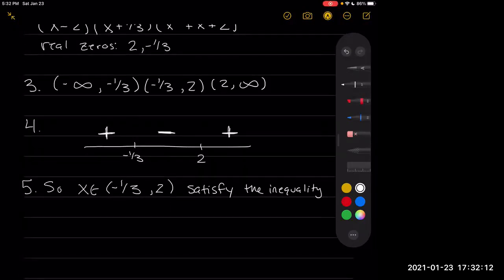Satisfy the inequality 3x to the 4th minus x squared minus 4 less than 2x cubed plus 12x. So for values in this interval, that will make this expression true. Okay, so now we're going to move on to rational inequalities.